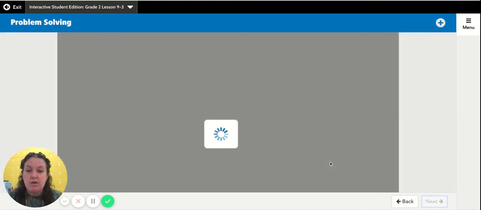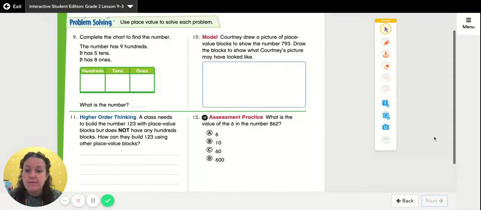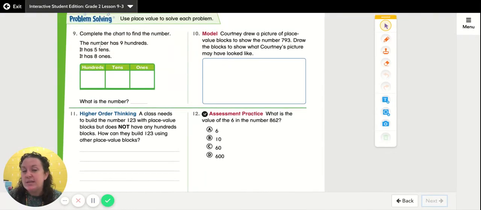And on the back, on your problem solving, number 9 is similar to number 8, except it gives you the place value chart, which is nice. Number 10 says draw the blocks. So you're going to have to draw some place value blocks. I don't know if you're going to have room to stamp all of them, but you can try it.